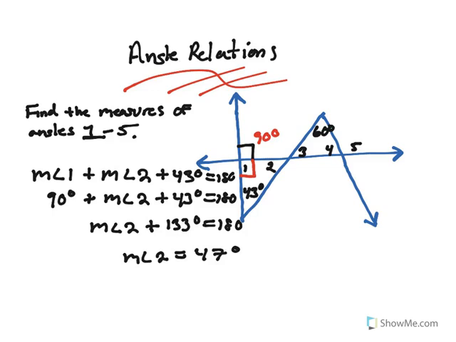Okay, and then using this same diagram, we can find the measures of angle 3 and 4 and 5. So this should be pretty easy because it's very similar to what we just did. Let's use a different color.